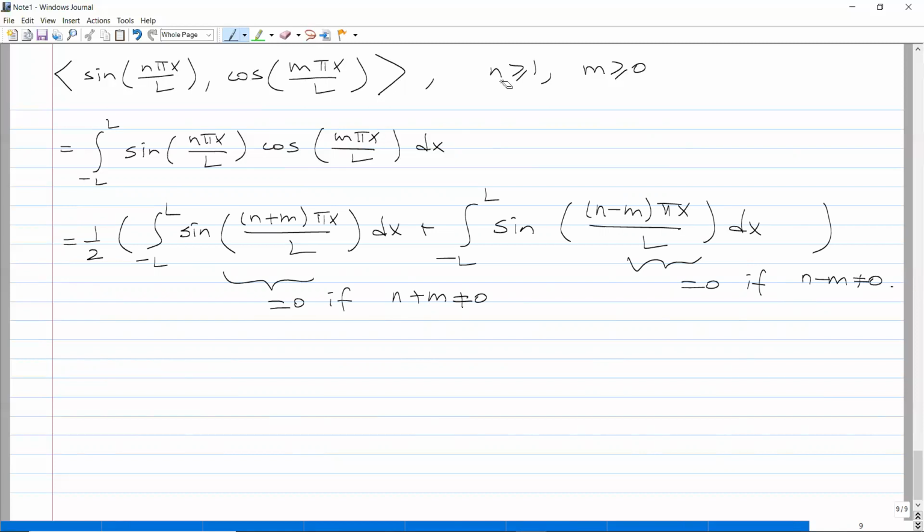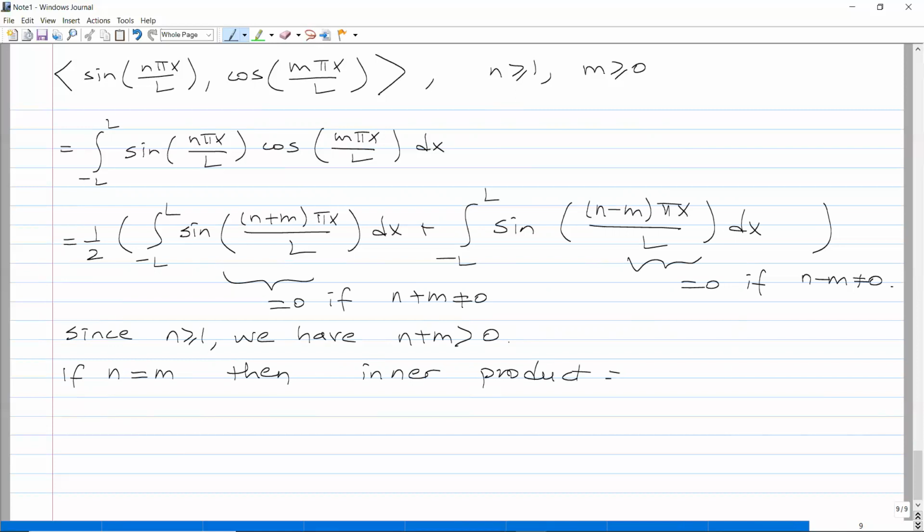Now, since n is always greater than or equal to 1, we have n plus m always positive. So the first integral is always 0. If n is equal to m, then the inner product is equal to, again, L.